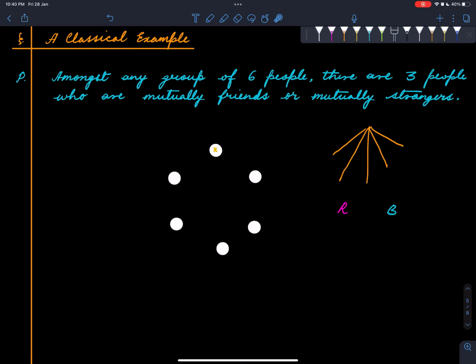Without loss of generality, let us say that color is red. It could be blue also, and the same argument will go for that, but let us say that color is red. I'm just drawing some 3 red edges. It doesn't really matter what the order of that is because you can always shuffle these people around.